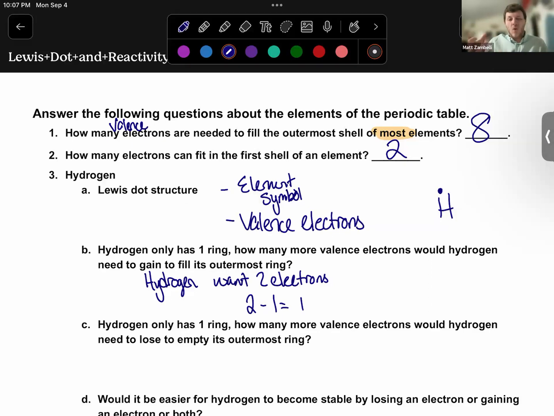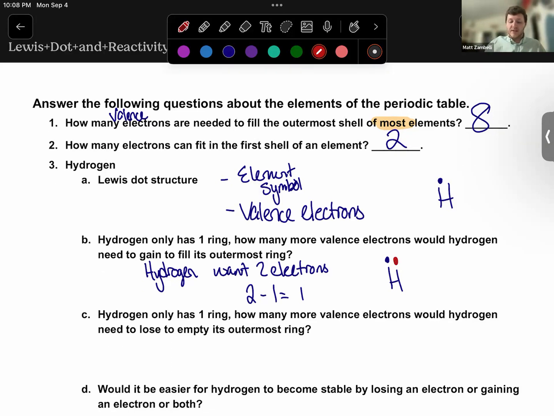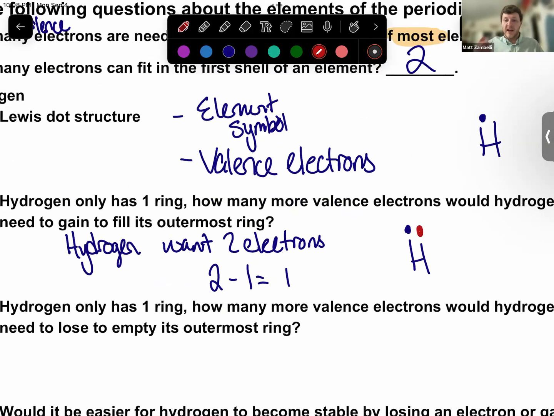So it just needs to get 1 more. Hydrogen started with 1, and if it gained 1 more right here, it would have its 2, it would have its full ring, it would be happy. But if it gains that extra electron, it's gaining a negative charge, so it gets a -1 charge.